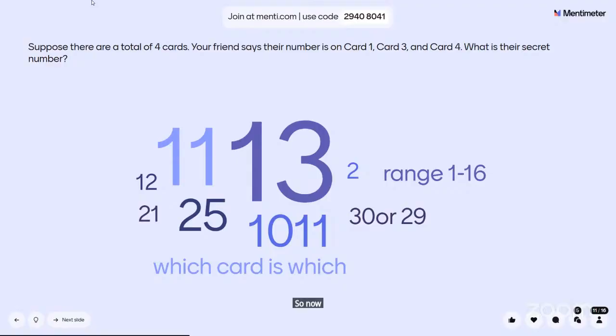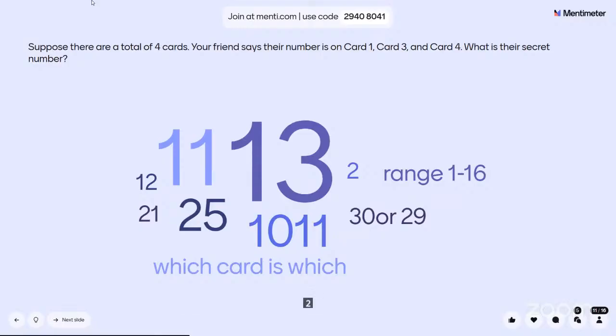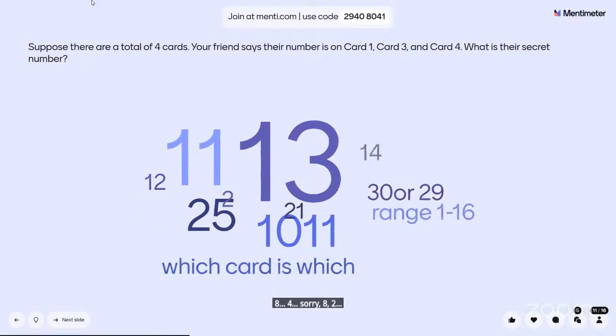So now card 1 has the topmost left number 8, card 2 has 4, card 3 has 2, and card 4 has 1. So your number, which your friend is saying, is present on card 1, card 3, and card 4. So it is present on 8, 2, and 1.